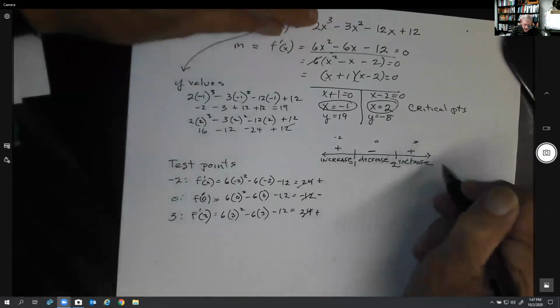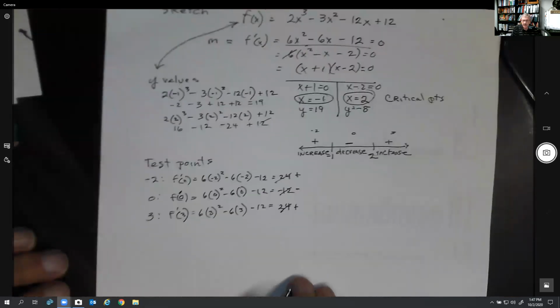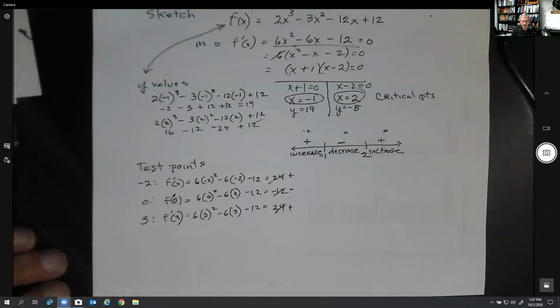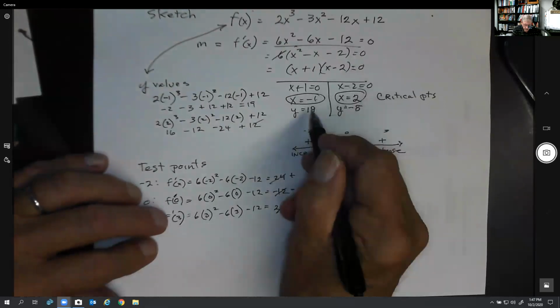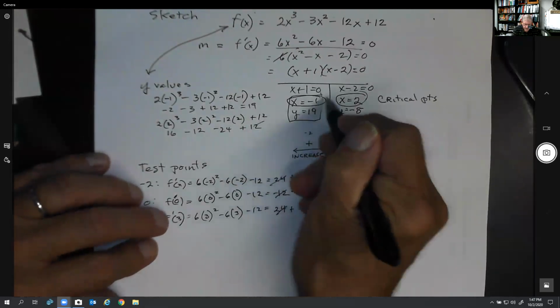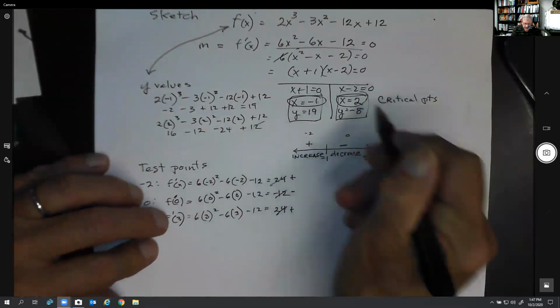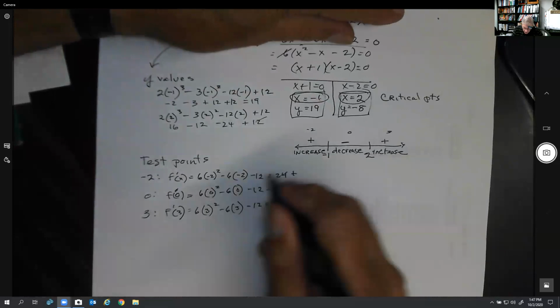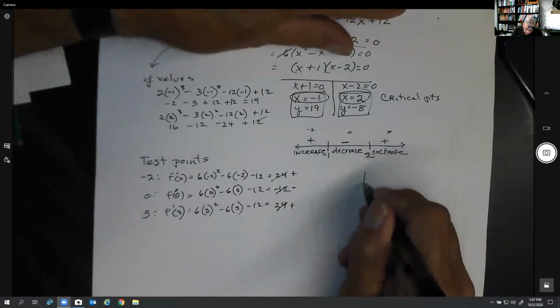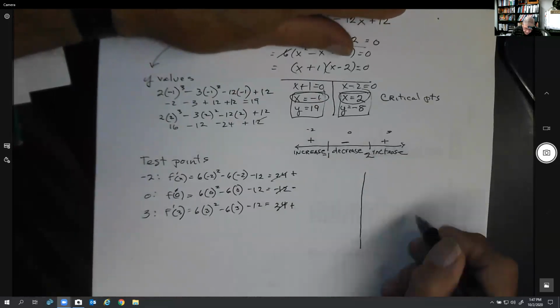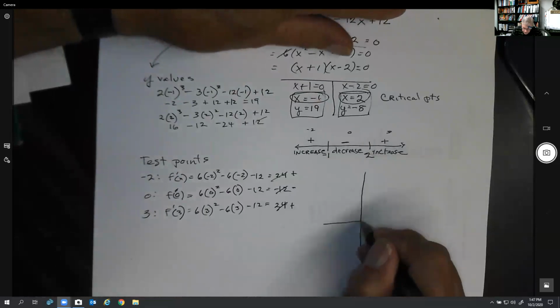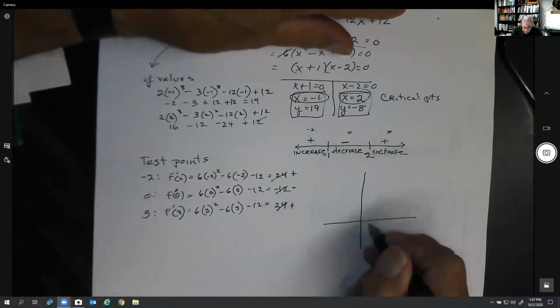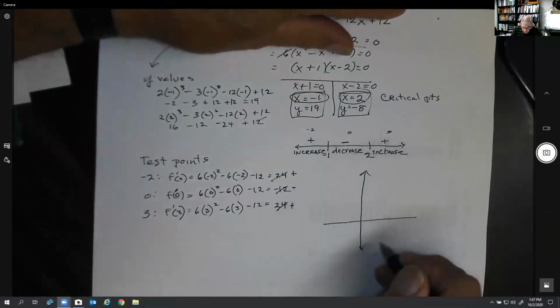So now I'm ready to actually do the problem. I'm ready to graph this thing. I got all the information I need. I know my critical points right here, and I know what's happening around them. So let's make a sketch here. And this is just a preliminary sketch.